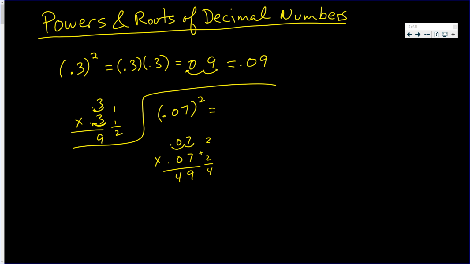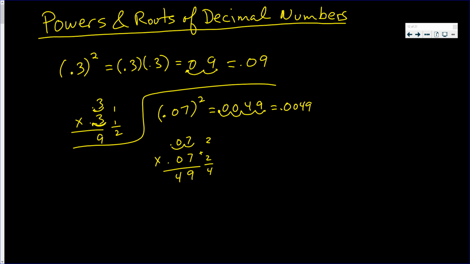So we need to write 49, but move the decimal in 4 places. 1, 2, 3, 4. If any of those places do not have a digit, you put a 0 in the place. And there's your answer.